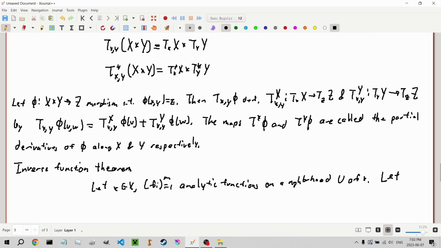We're going to let capital F of y be the map whose coordinates are f_i of y, for i being 1 through m, for y in U.